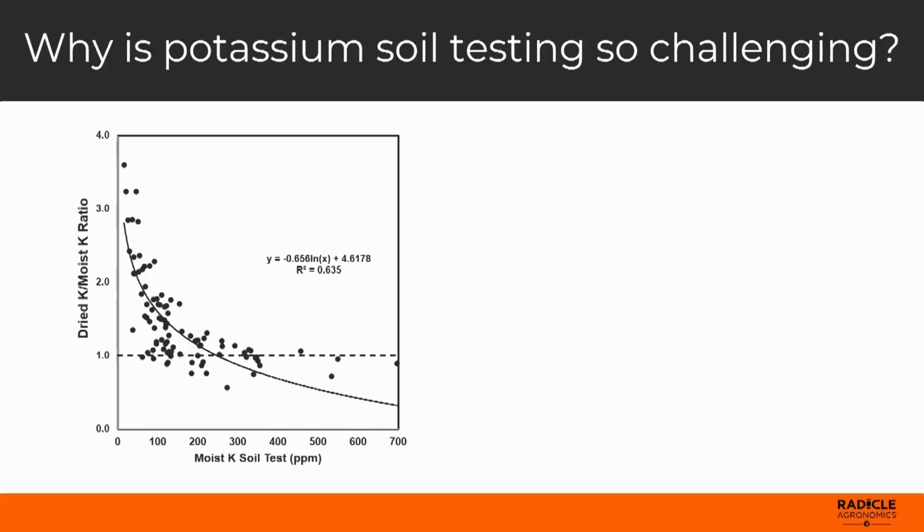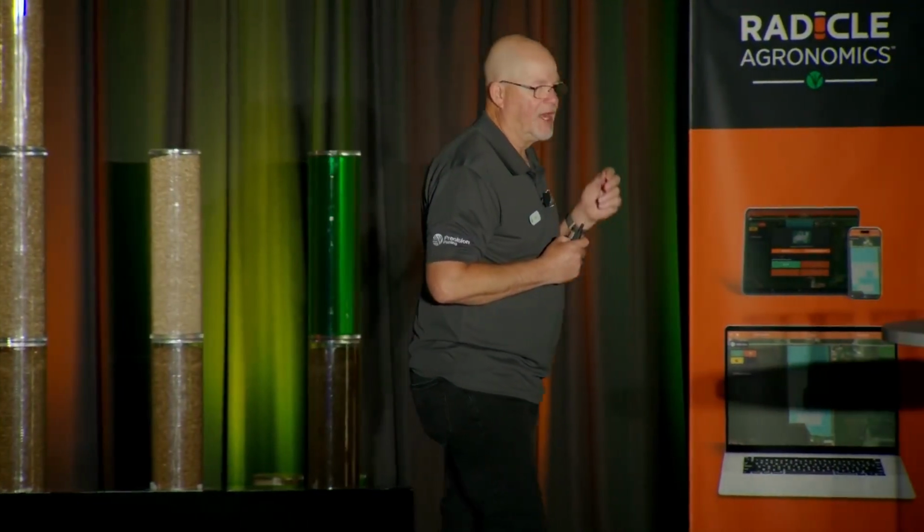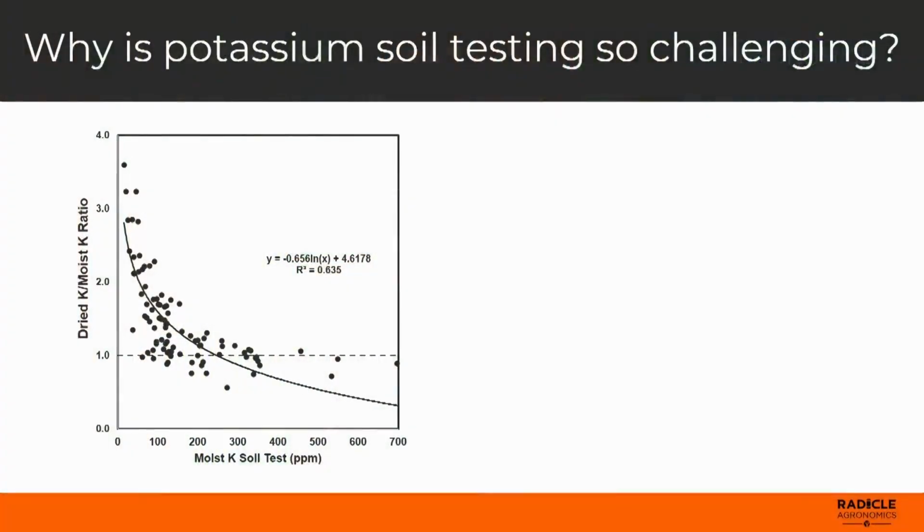On the vertical axis, it's the dry soil test K divided by the moist soil test K. So if the number is 2, that means that when I dry the soil, I double my soil test level. Okay? And you can see the lower you get, the bigger the increase. The lower your soil test gets when it's moist, the higher it gets when it's dry.